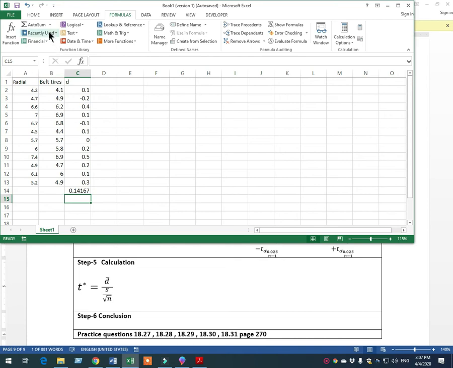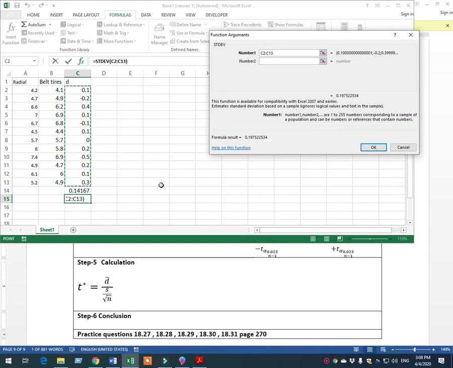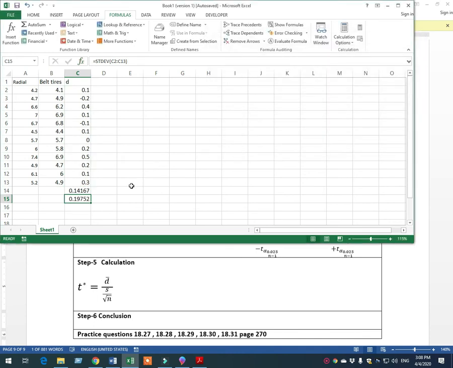It is a positive difference, and in the second step I'd be doing the standard deviation of all these D, or differences, which would be 0.1975. So 0.14167 is the mean. Let me write that there, and this is your standard deviation. So the mean and standard deviation have been calculated.